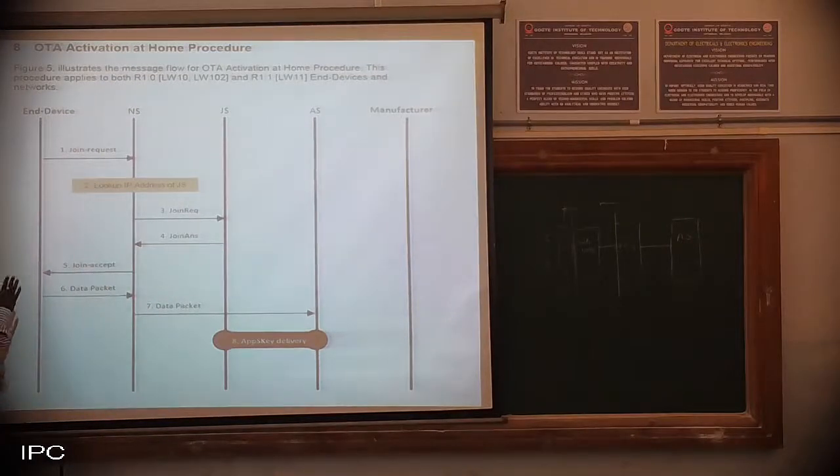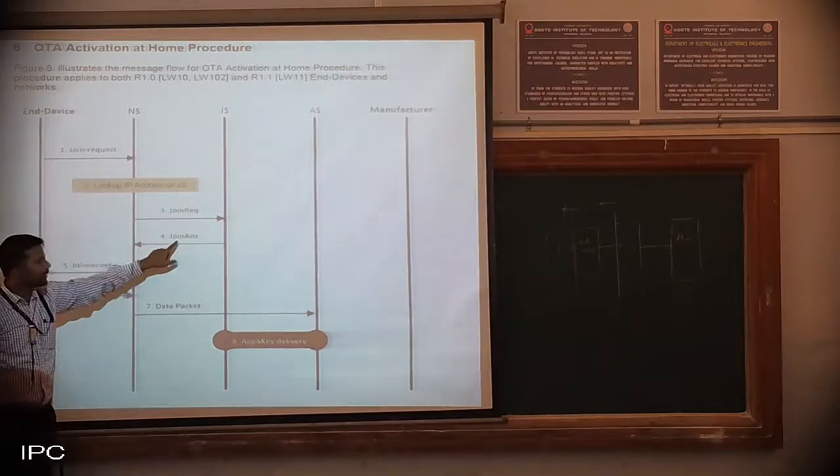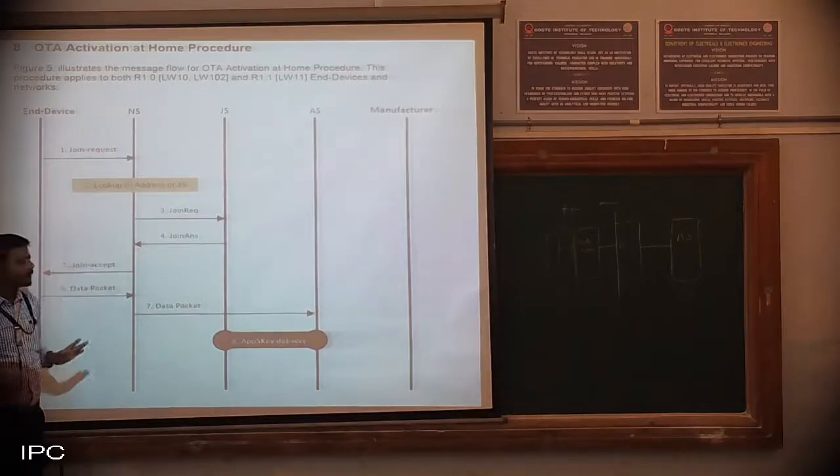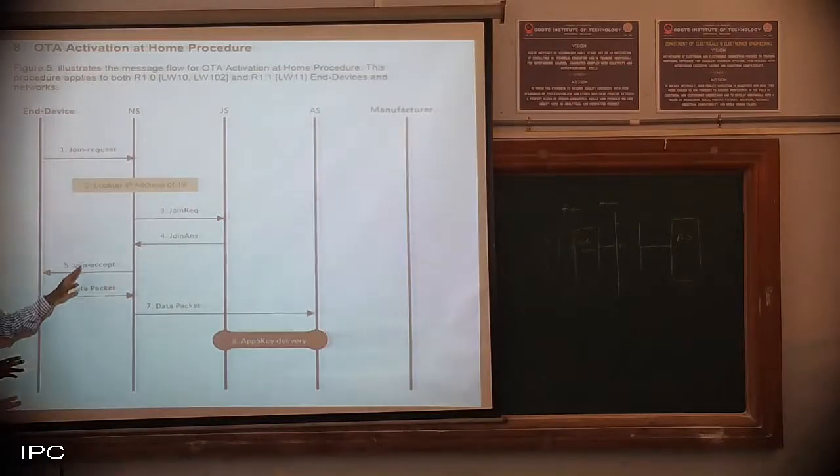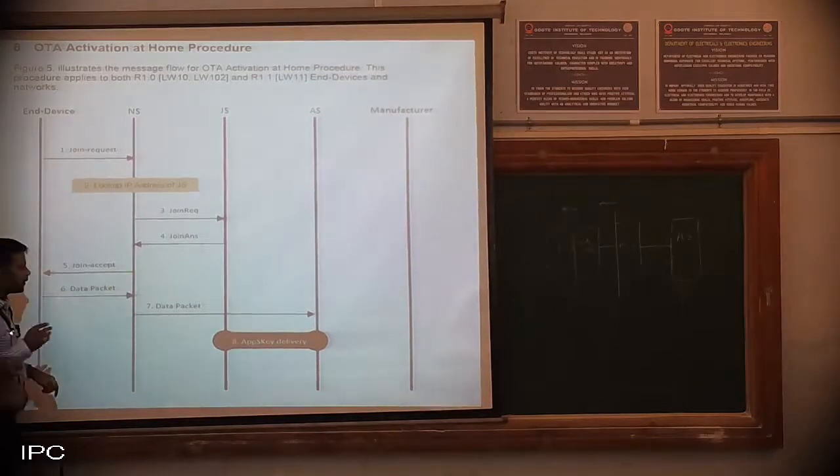After that, communication can happen between the end device and the join server, and then from the network server, join accept. So the join answer will say yes, that is the key, and then the network server will accept that join request. Then communication can happen between the end device and the network server, and data packets can be transmitted. So that is the meaning of this.